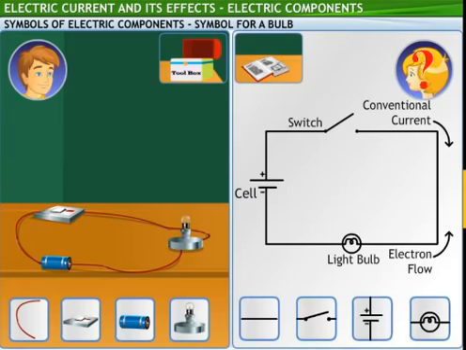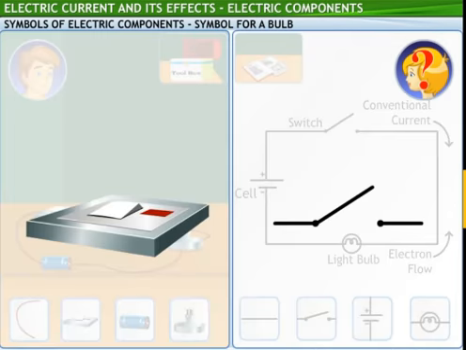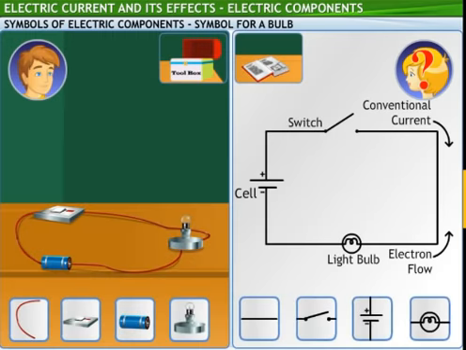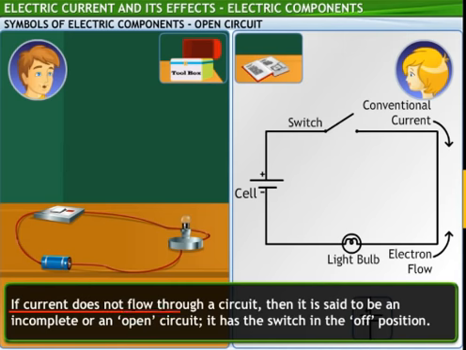If the circuit has been connected properly, as the book said, then why isn't the bulb glowing? The bulb is not glowing because the switch is in the off position and no current is flowing through the circuit. If current does not flow through a circuit, then it is said to be incomplete or an open circuit.